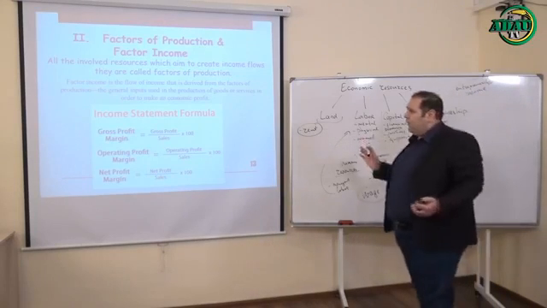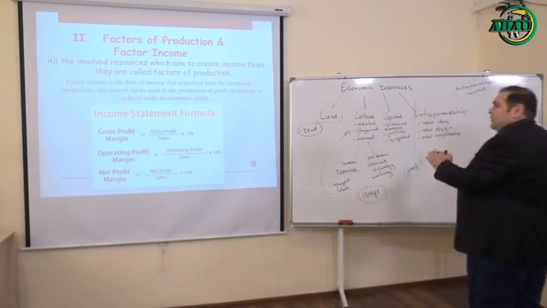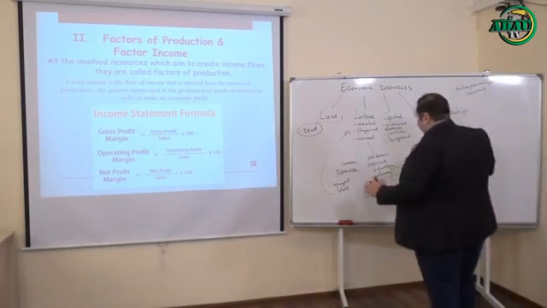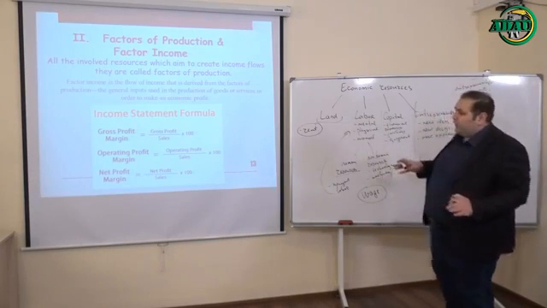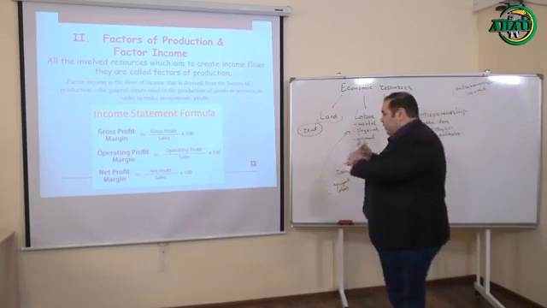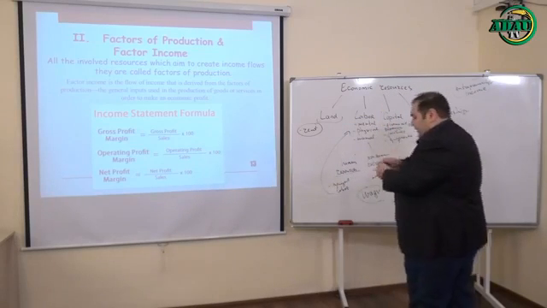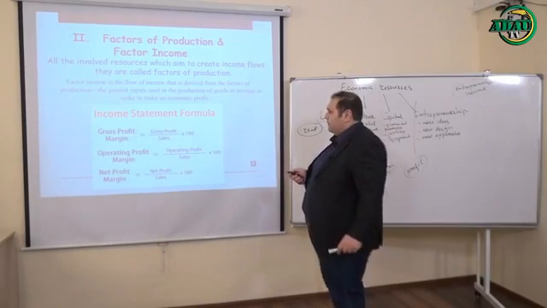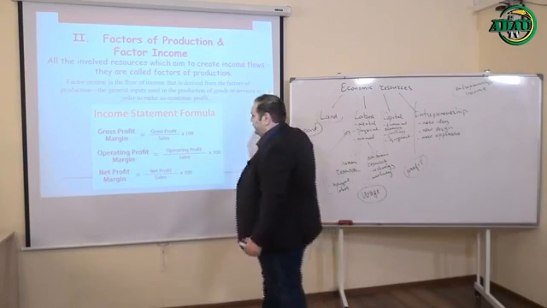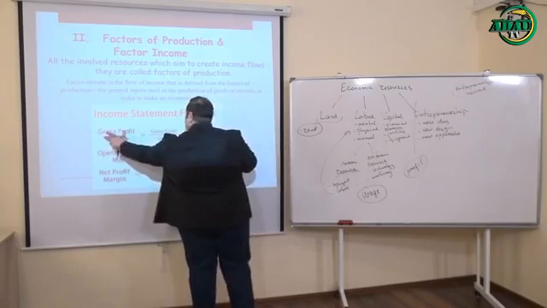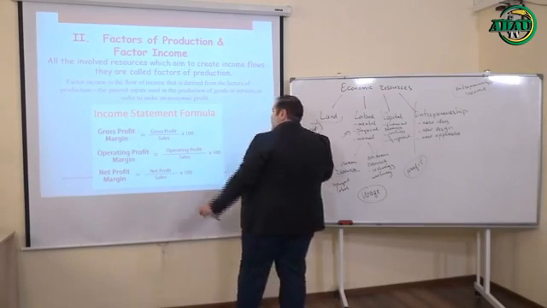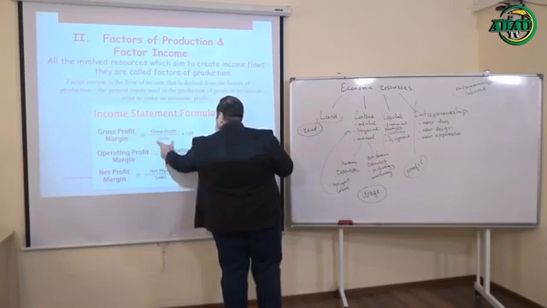So all these are the general inputs used in production of goods and services in order to make the economic profit. Income statement formula, gross profit margin, as you can see here. I don't want to write it on the blackboard because it's already mentioned here. If you want to calculate the gross profit margin, you need to divide the gross profit by the sales.